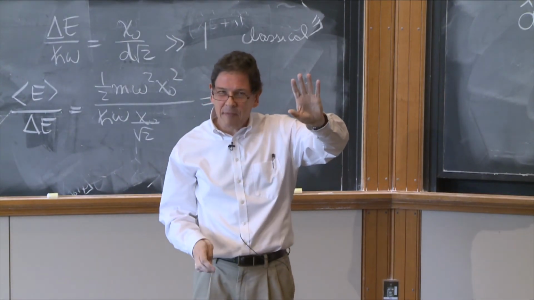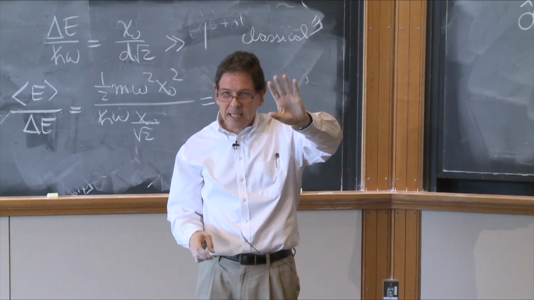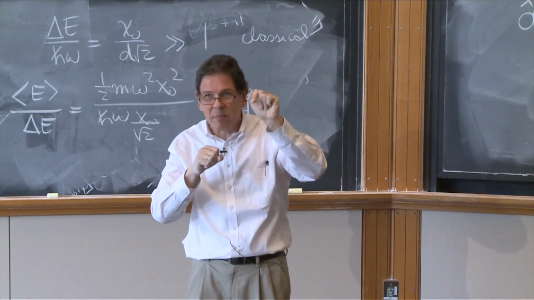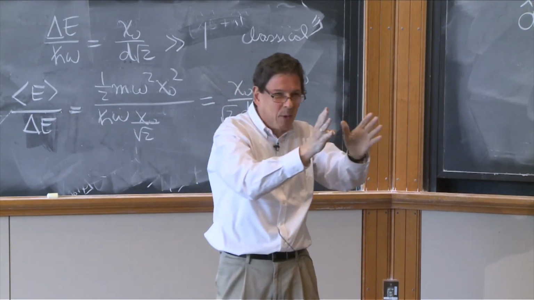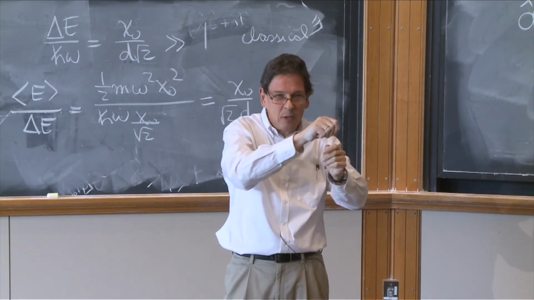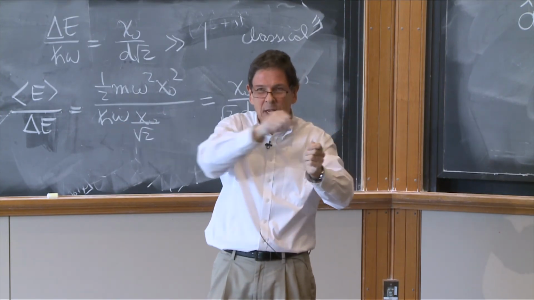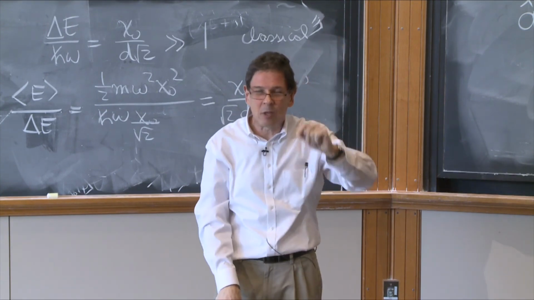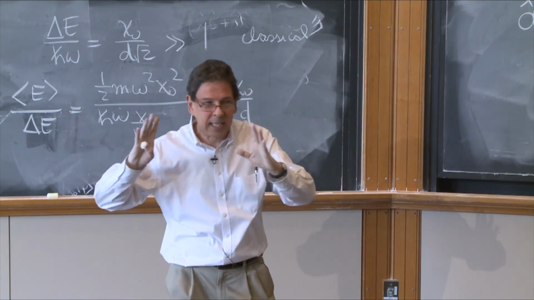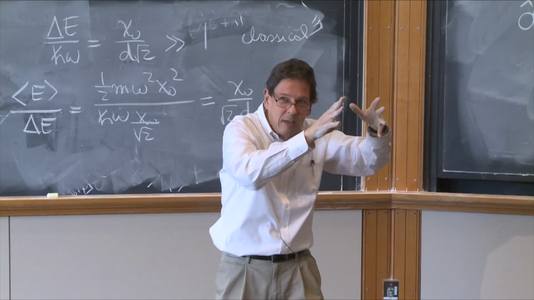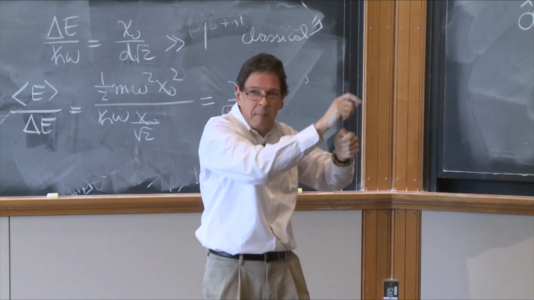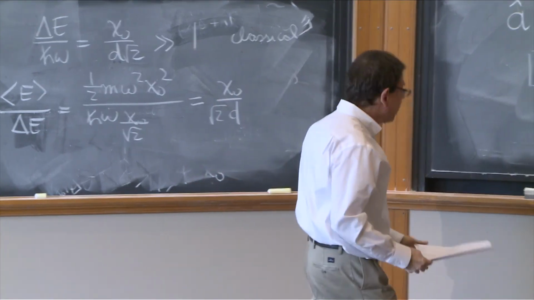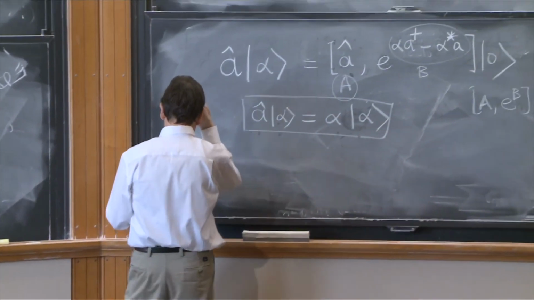A complex alpha gives the original coherent state some momentum. Remember, the original state that we had was at x0, and how did it move? x0 cosine of omega t. So at time equals 0, it had 0 momentum. This creates a coherent state at x0, and it gives it a momentum controlled by the imaginary part of this thing.